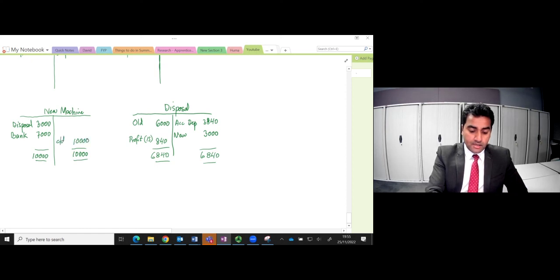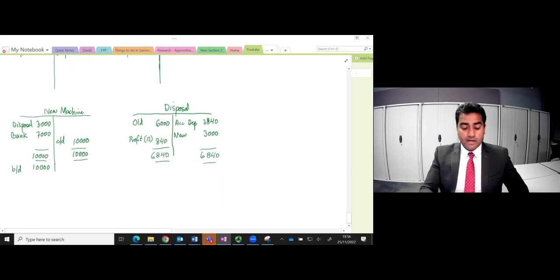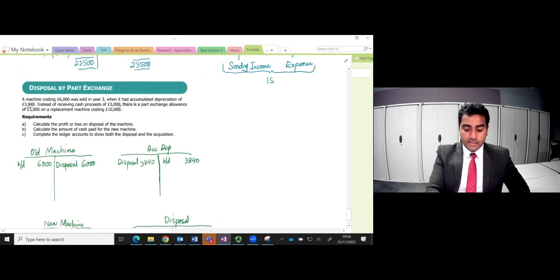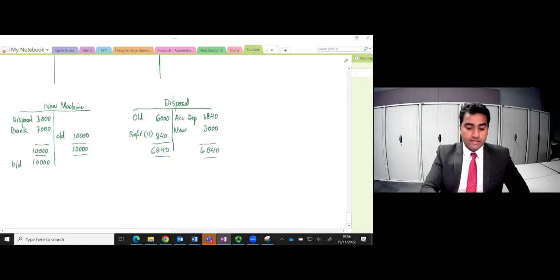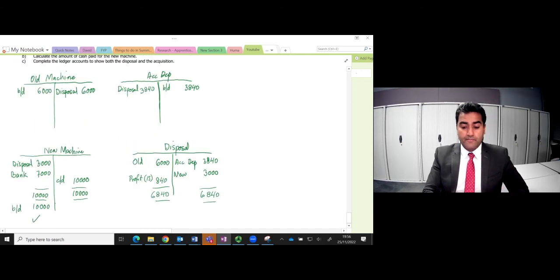I'll call it carried down balance, which is the closing balance, and the brought down balance will be £10,000. So now you can see that the value of my new asset, which I bought, was £10,000, and looking at the new account, the new balance appearing is £10,000, so it is matching.